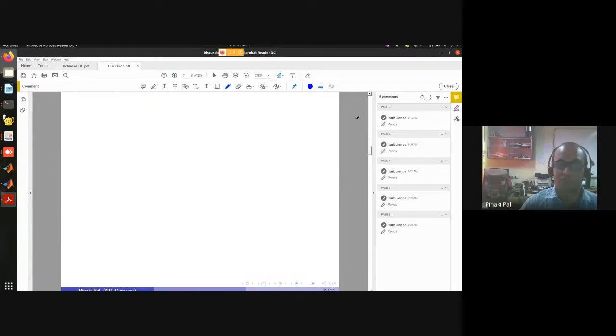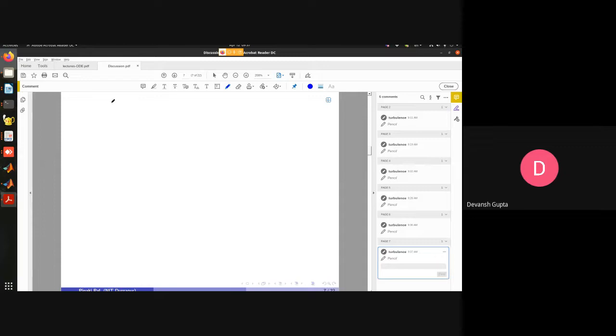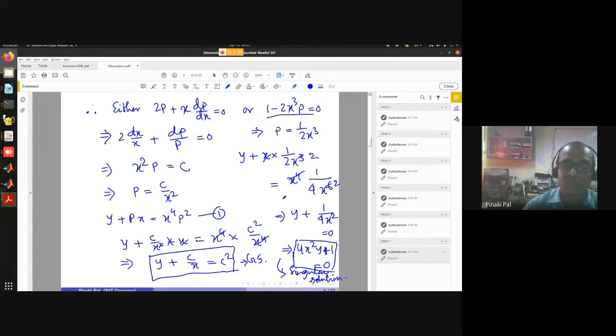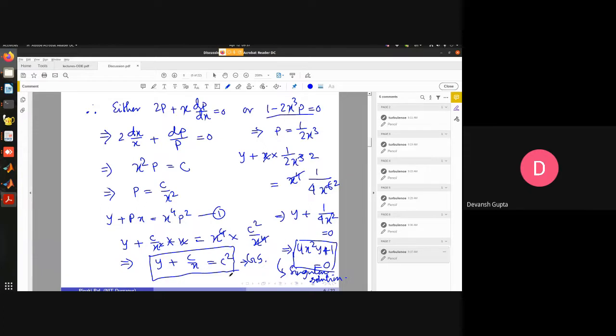So let us solve this equation. Sir, in the previous question, we get the singular solution by putting some value of C in the general solution, can we get it?